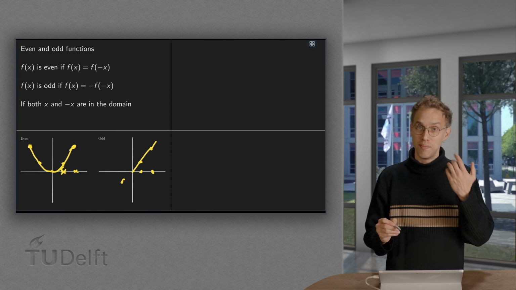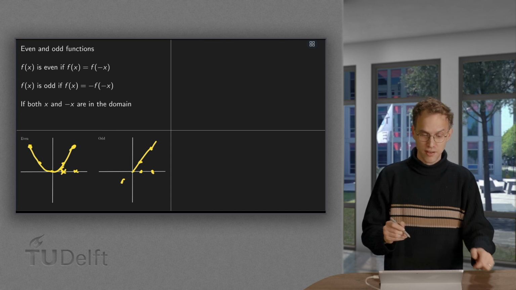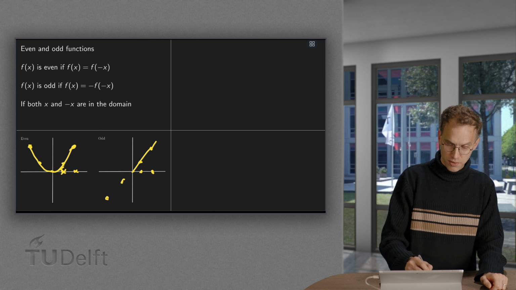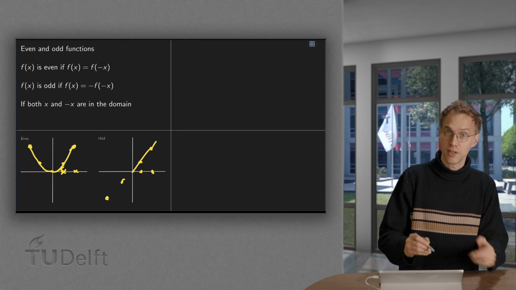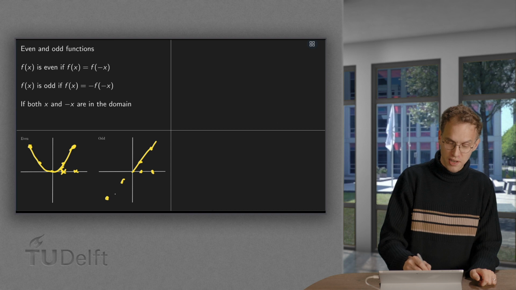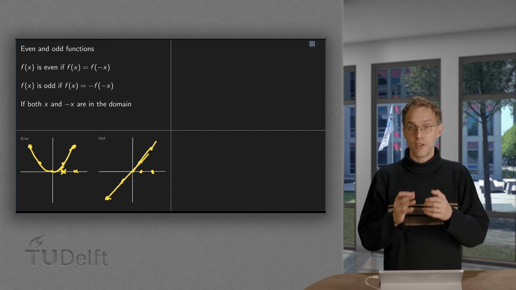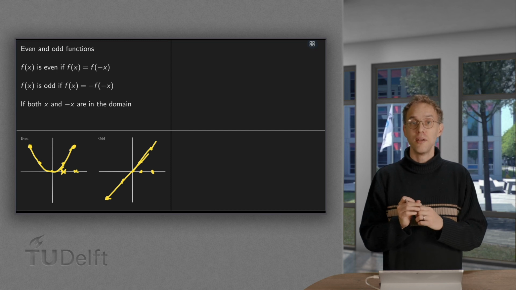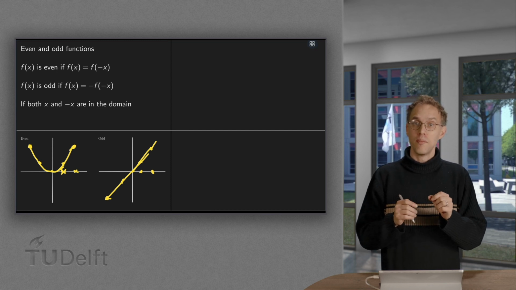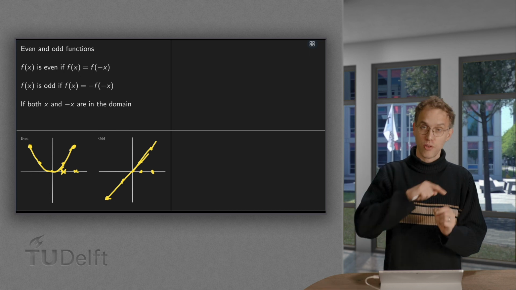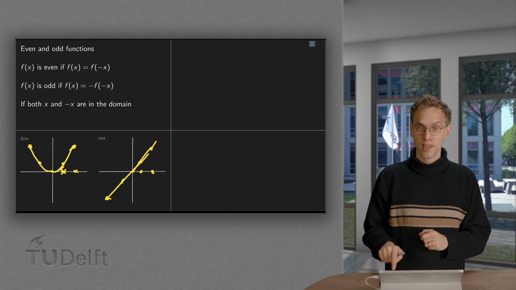And f at minus x should then be minus this f of x, so it should go somewhere over there. So the total figure looks something like this. You can recognize this from the picture because it's symmetric by mirroring through the origin.